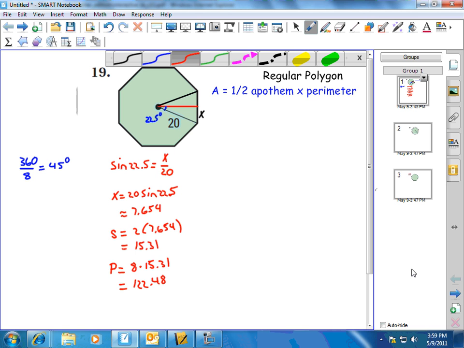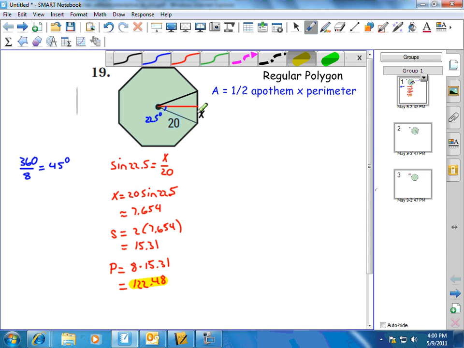Now, not to confuse you or anything, but I'm also going to represent my perimeter with a sine ratio function, just so I can get a more exact value of the area. This is good enough for my perimeter, but I'm also going to represent perimeter as 20 sine 22.5. That's half a side. So if I double that, I've got 20 times 2, which is 40 sine 22.5.